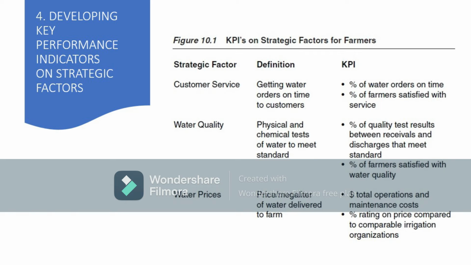Testing involves detecting chemicals in the water or weed seeds and other contaminants present in the water. The second KPI for water quality is subjective, based on the farmer's perception of the water quality. So we are talking here about the farmer's definitions translated to percentages in the KPIs, some of which are objective and others subjective.